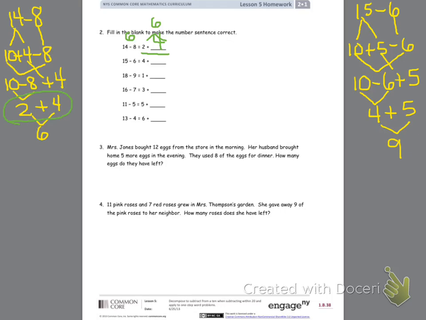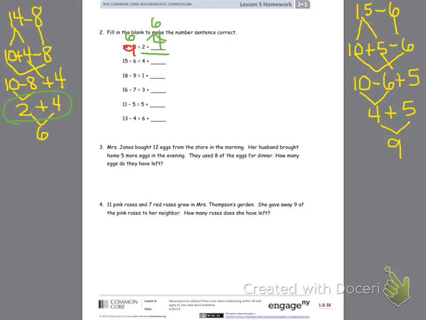So I'm going to go back to the equation, and I'm going to write over here, 15 minus 6 is 9. I'll just write it above it. Okay, well, 15 minus 6 is the same as 4 plus something. If you look over in the equation in the margin, there it is.